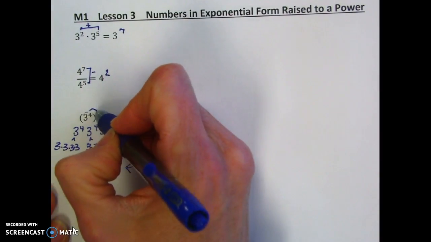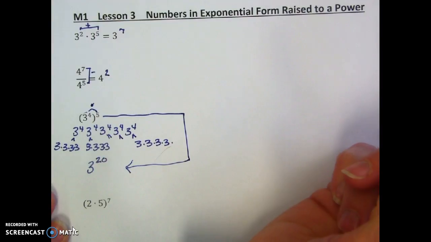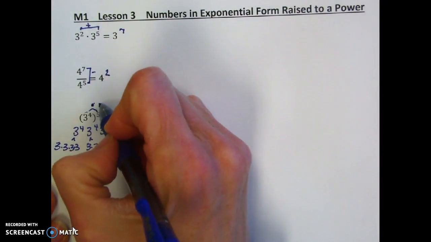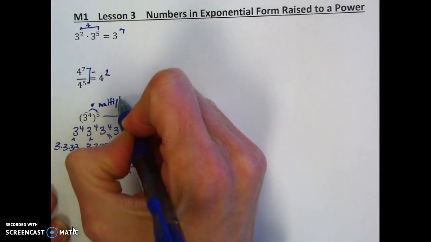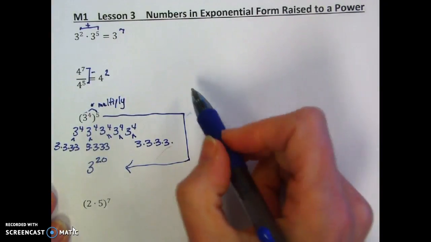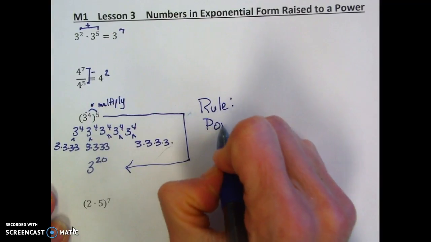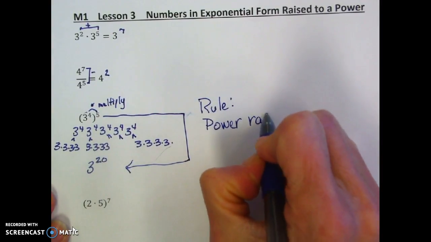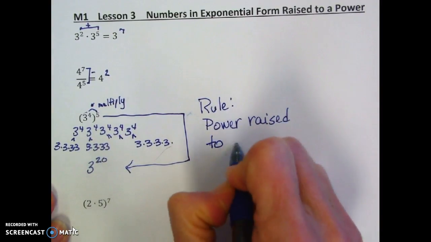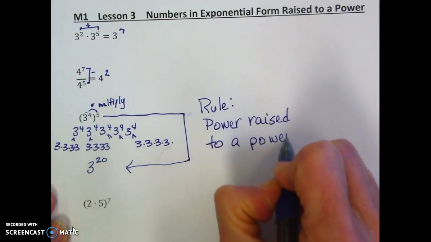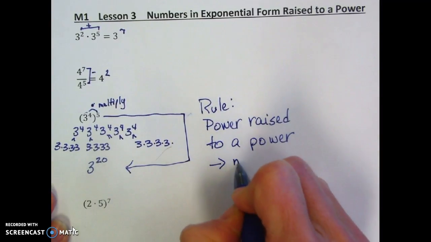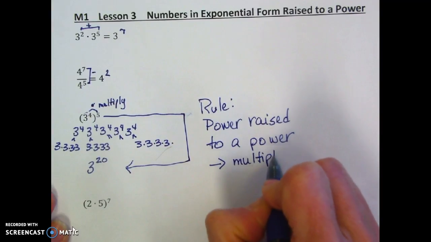Well, 4 times 5 is 20, so we will multiply there. All right, so let's put a rule here. Power raised to a power, you will multiply the exponents.